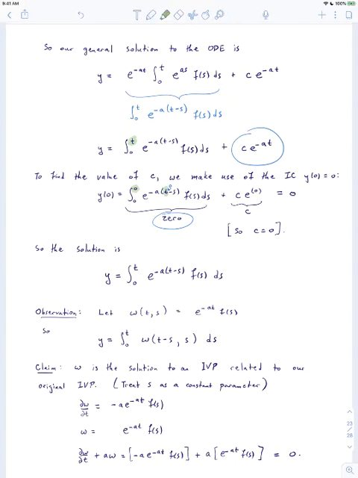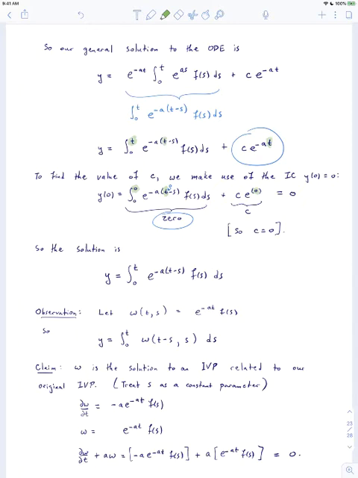So we have another 0 here and here. So what do we end up with? We end up with c is equal to 0. So that means our constant c is equal to 0, so the solution to our differential equation is just the definite integral, the integral from 0 to t of e to the minus a times t minus s times f at s ds. That's the solution to our initial value problem.